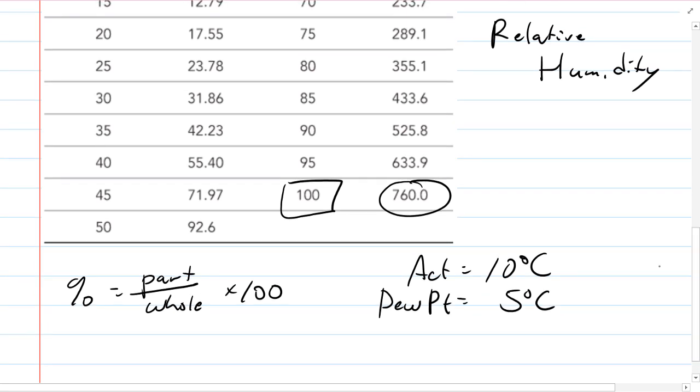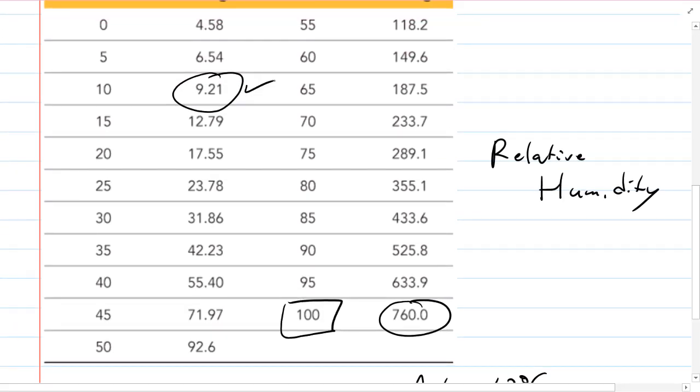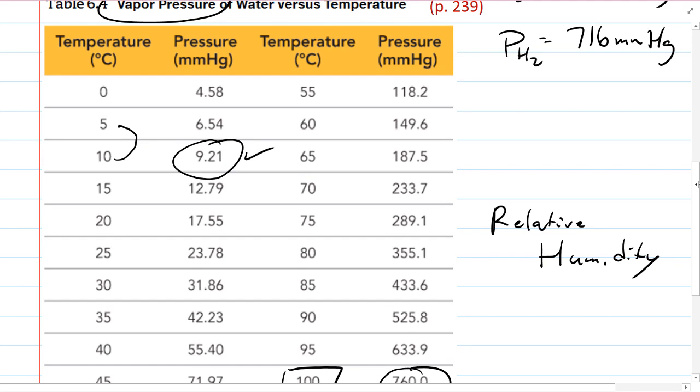If these are the conditions at noon, what this would mean is that the air could hold up to this amount of water vapor. But if the dew point was 5 degrees Celsius, that means if the air immediately cooled from 10 degrees Celsius down to 5 degrees Celsius, then that water vapor would wind up condensing out as either dew or fog.